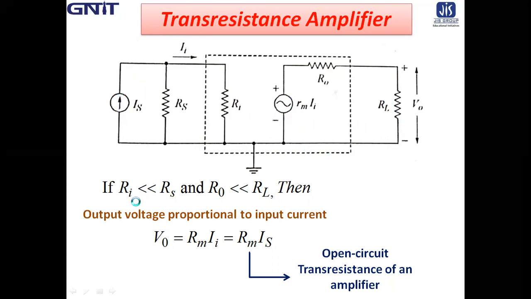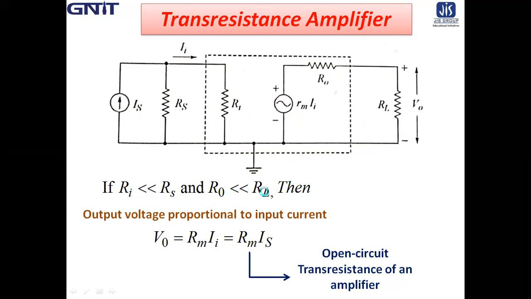If Ri is much less than Rs and R0 is much less than RL, then the amplifier will provide an output voltage which is proportional to the input current.